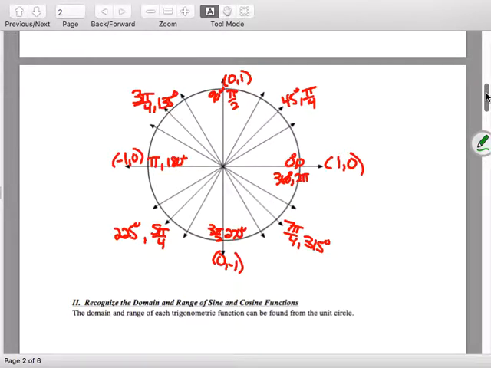Then what I want us to do is go do the 30 degrees around the circle.